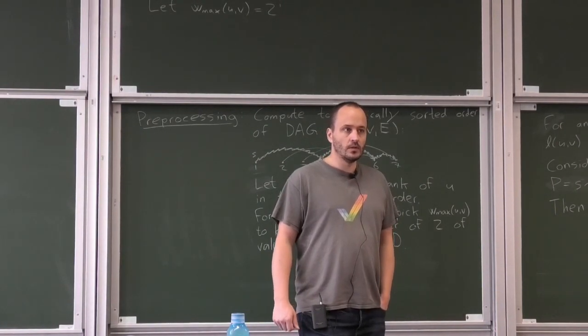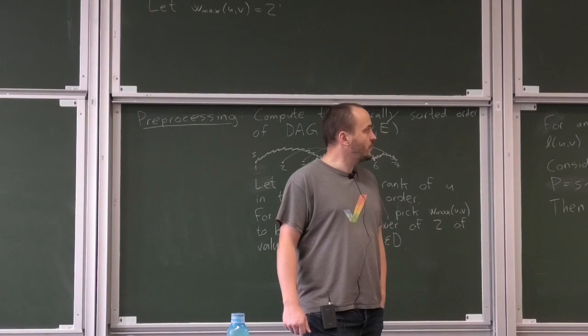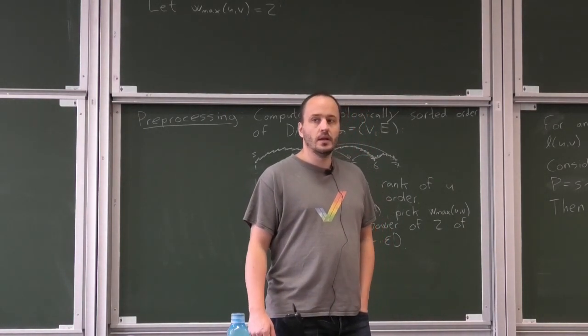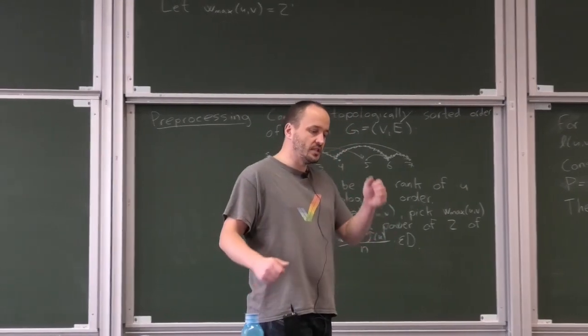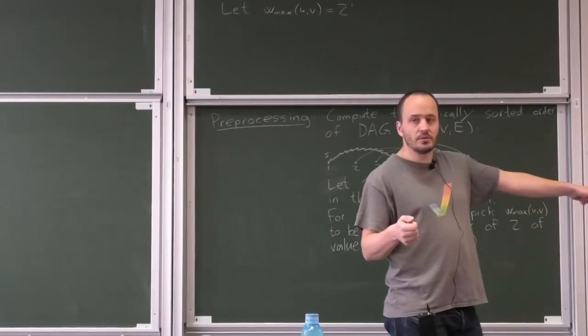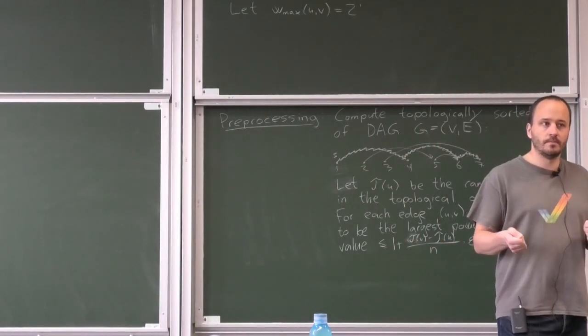So if the approximate distance is larger than 2d, are we then fine? And why? Could it be that the true distance was slightly less than 2d, but the approximate distance, because there's a 1 plus epsilon factor, is larger than 2d?